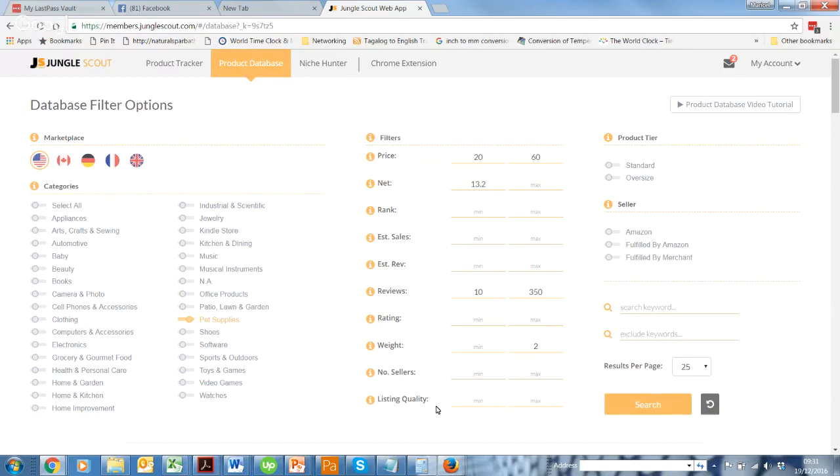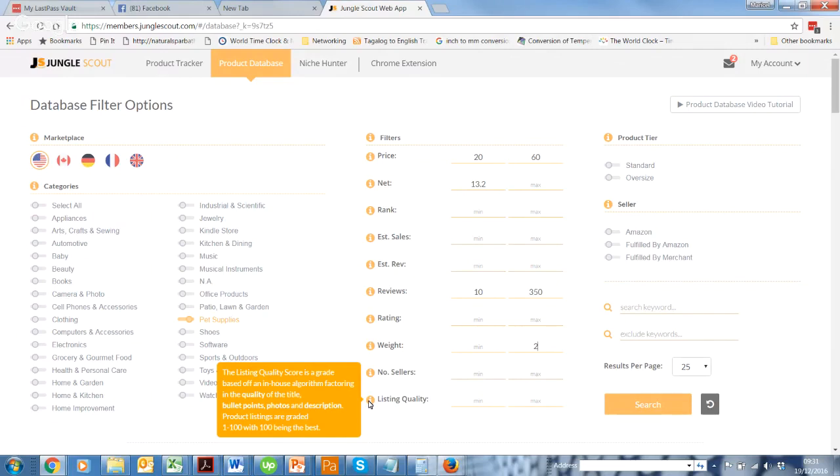Listing quality, if you don't know what the listing quality is, Jungle Scout have got their act together and actually said, you know what, let's have a look at the quality of the actual listing itself, and we're going to rate it, as in 1 being an absolute terrible listing, 100 being the perfectly optimized listing. Anything in between, we're going to give it a grade.